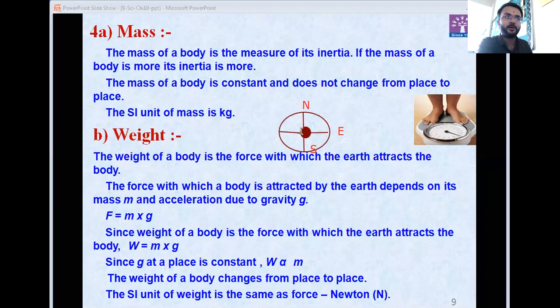So more distance, less gravity, and less distance, more gravity. There is a famous question in many reference books that we should not buy gold at the poles. Students, can you think why?